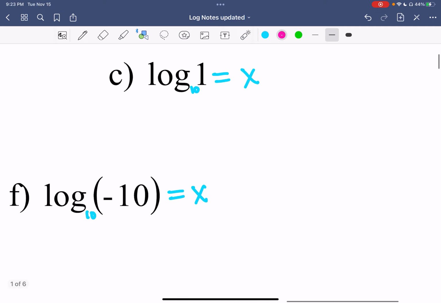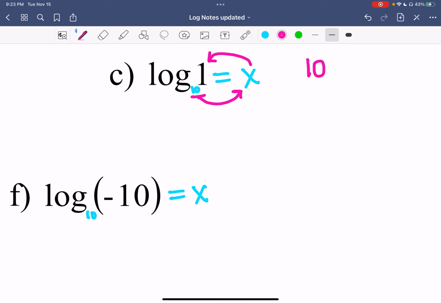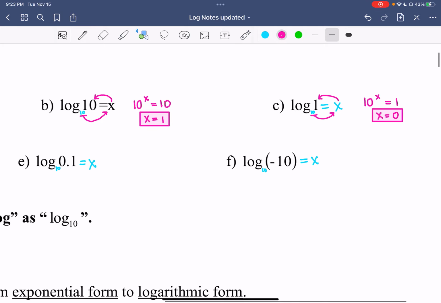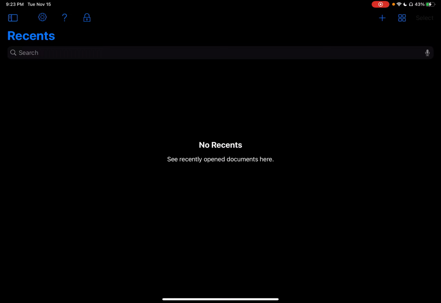C. Convert to exponential form: start with the base, arrow out, arrow in. 10 to the power of x equals 1. The only power that will ever give you 1 is 0. Let me prove these first 3 to you in the calculator, in case you don't believe me. The first one was 10 squared.